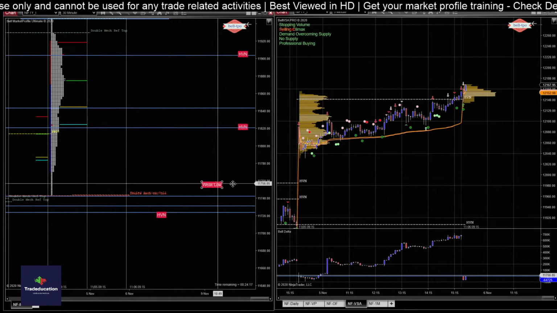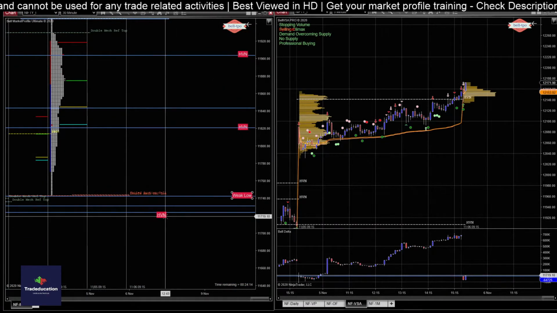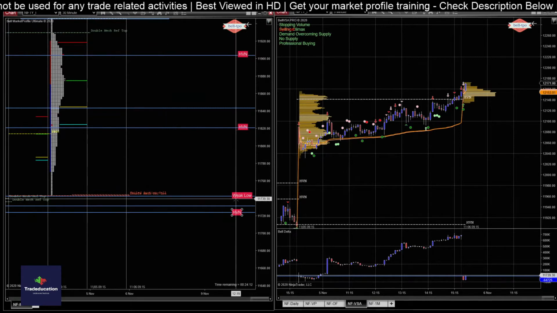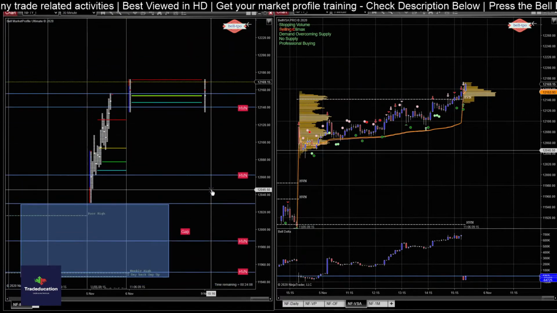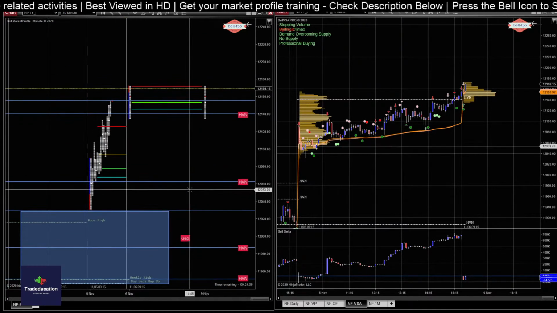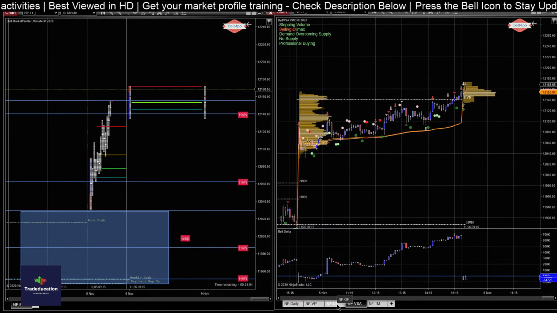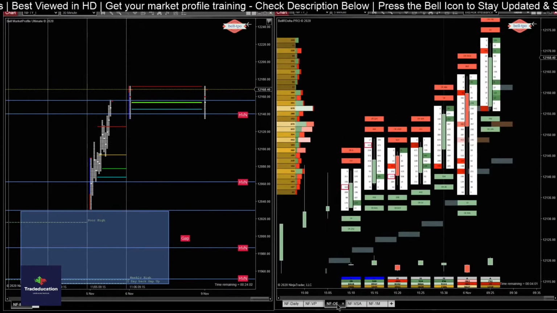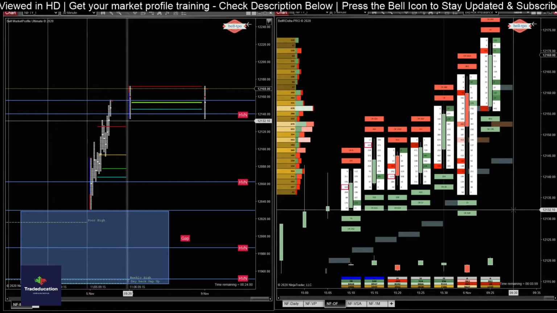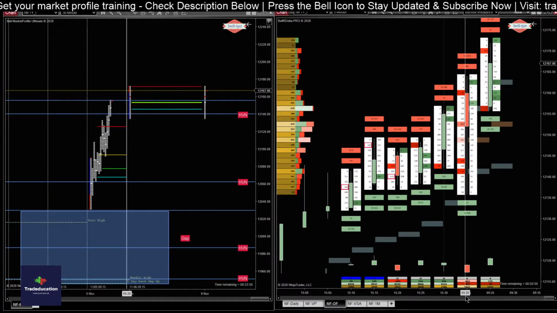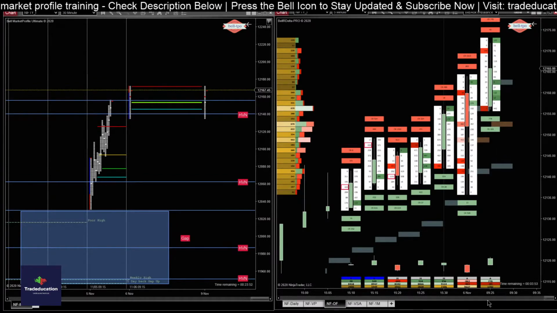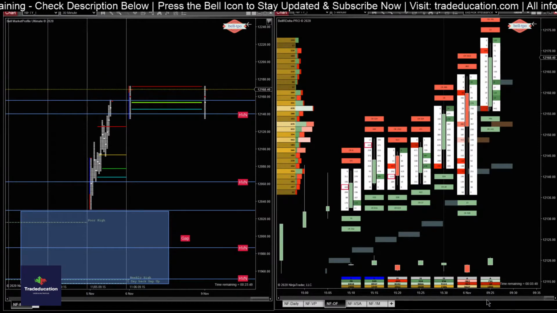So multiple HVNs, multiple references getting formed. Okay, so the high is getting tagged. You should be out of the trade. The first 5 minutes, 5,600 contracts traded, and now we are seeing continuation to the higher side. So the first trade I shared is where the stop loss should be hit.